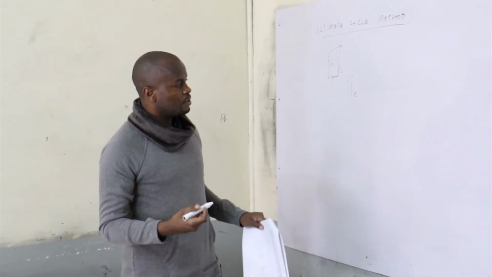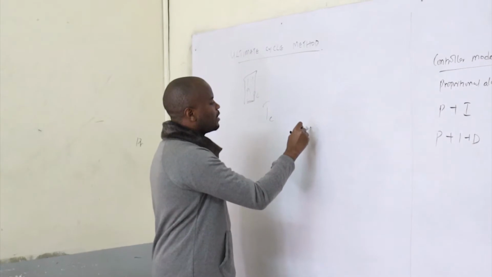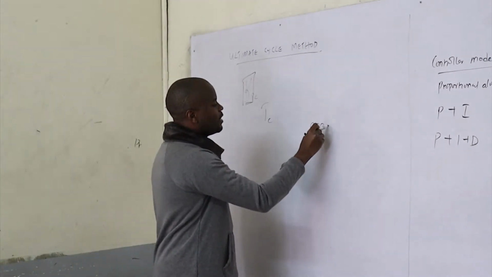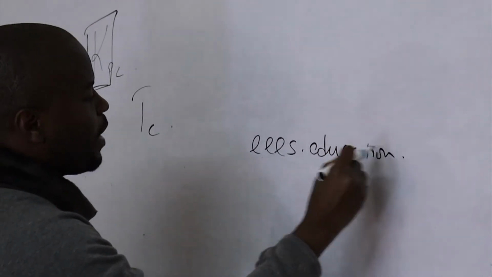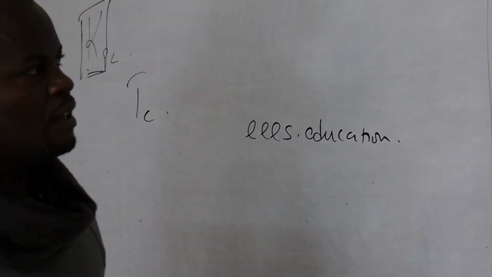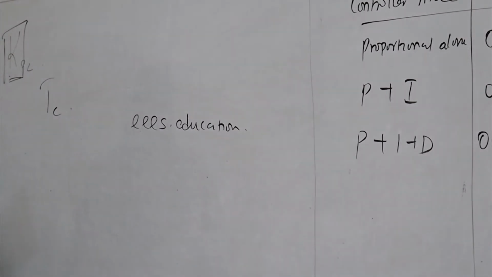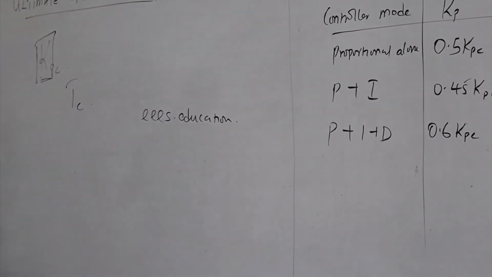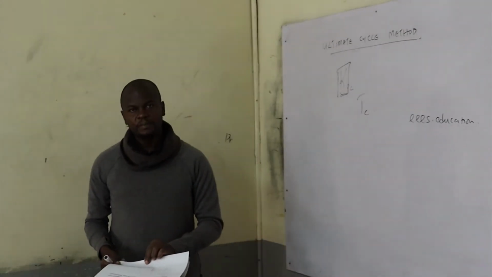There are some notes, there is material that you will find at the website EES.education, and that will enable you to find major references and maybe the differences when we use the frequency in order to come up with the values of the settings, or when we use the time in order to come up with the values of the settings.